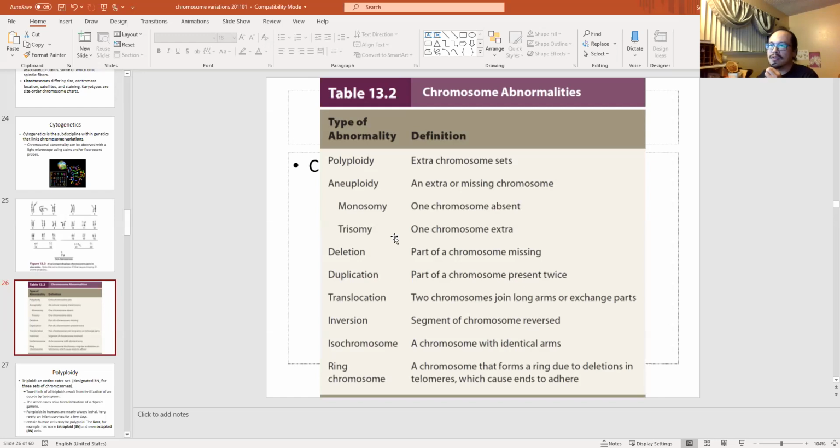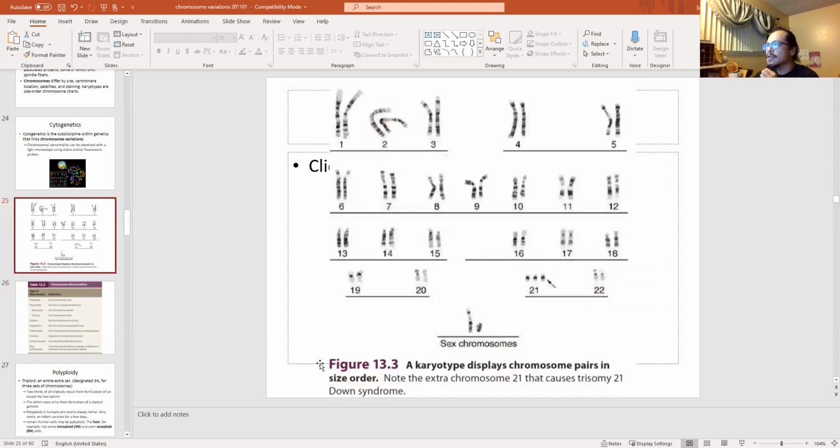Let's look at what's 21 here. This is the typical one, trisomy 21. Why will this one survive even though it is still abnormal? It's because during the development, the amount of protein provided by 21 is not a lot at first.